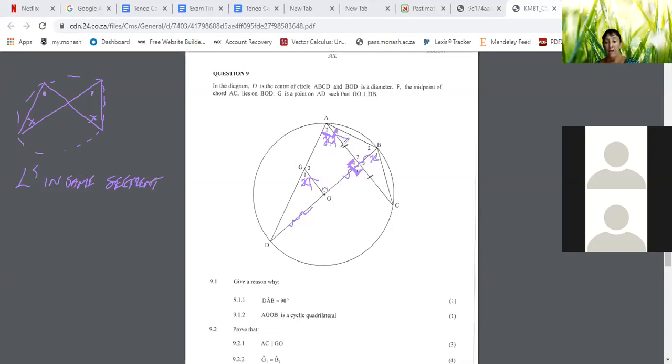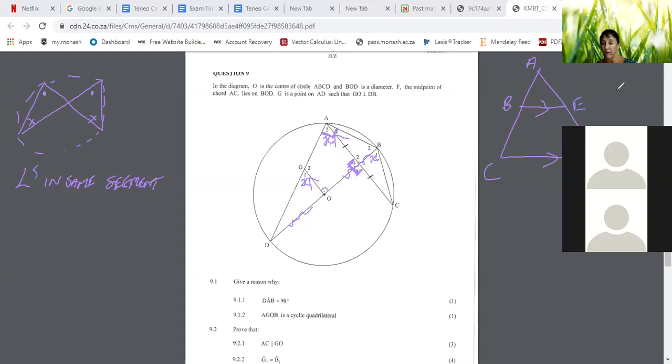Now, as far as this similarity goes, or the ratio and proportion, if you have a triangle with another line through it that is parallel to the third side, which is what we have here, see it's upside down, then you need to know how to write these ratios.